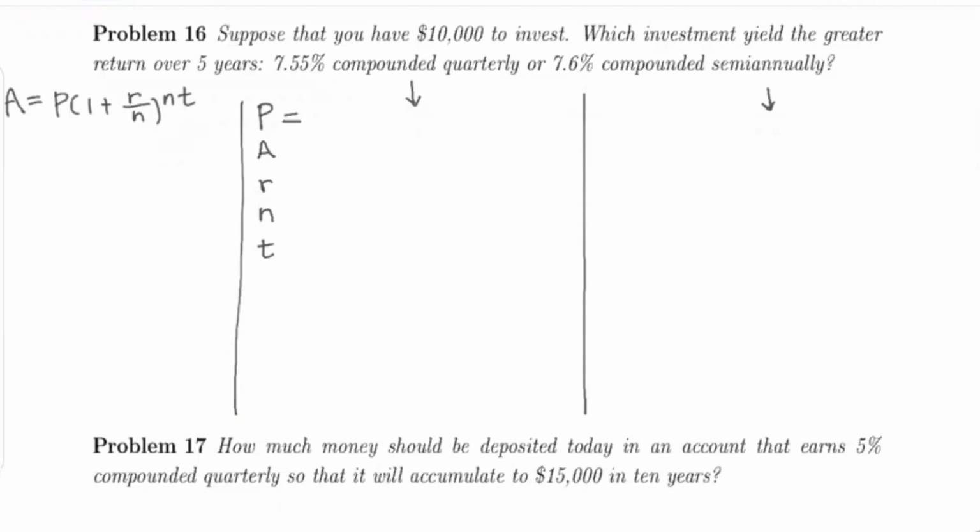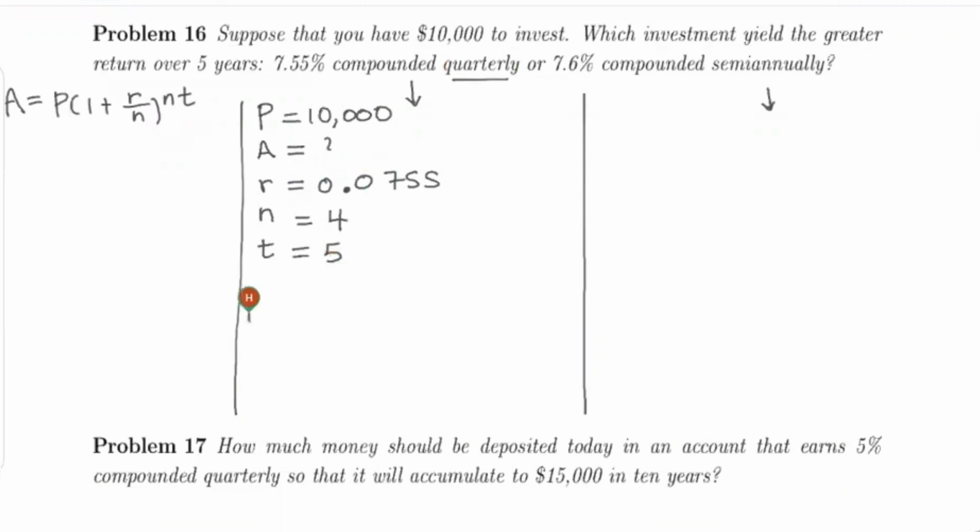For P, I did 10,000. For R, I did 0.0755. For N, I did 4. And for T is 5. Very good. So we have good numbers assigned to the letters.